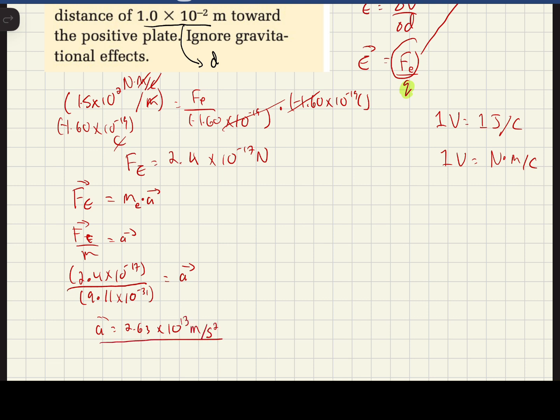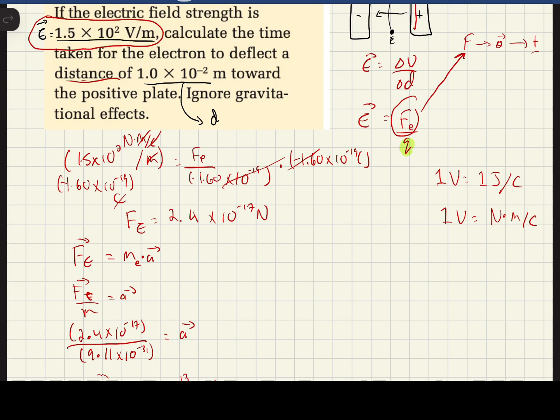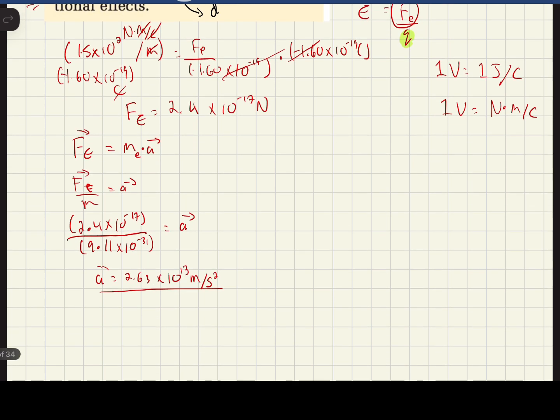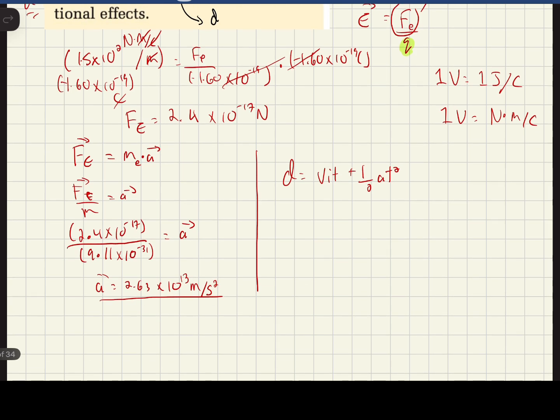And then finally, once I have a, I can use the kinematics formula. That displacement, or this distance, can be used in this formula, where we could say that d is equal to v_i t plus half a t squared. The initial velocity, since it's lined up at the plate, is going to be 0, right, because it's from rest, and then it goes that certain distance across the plate.